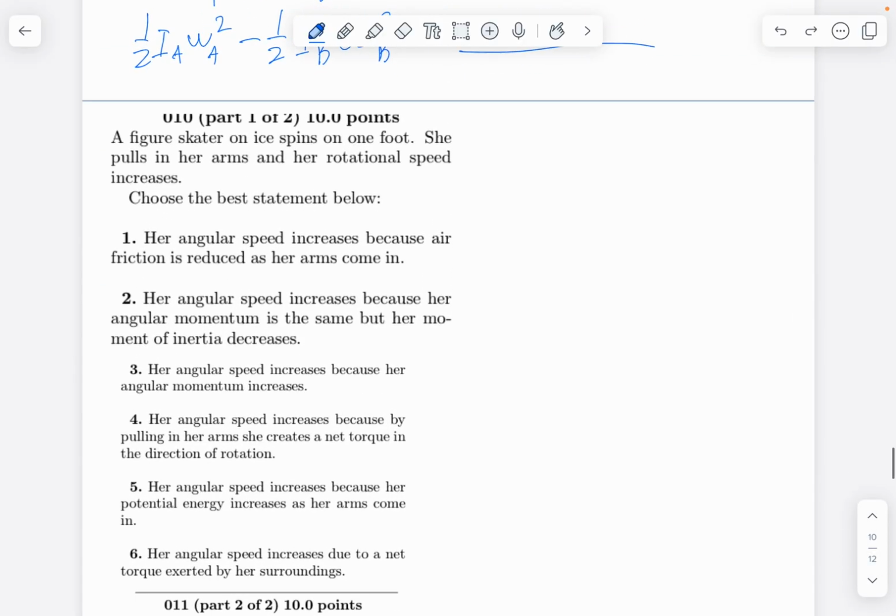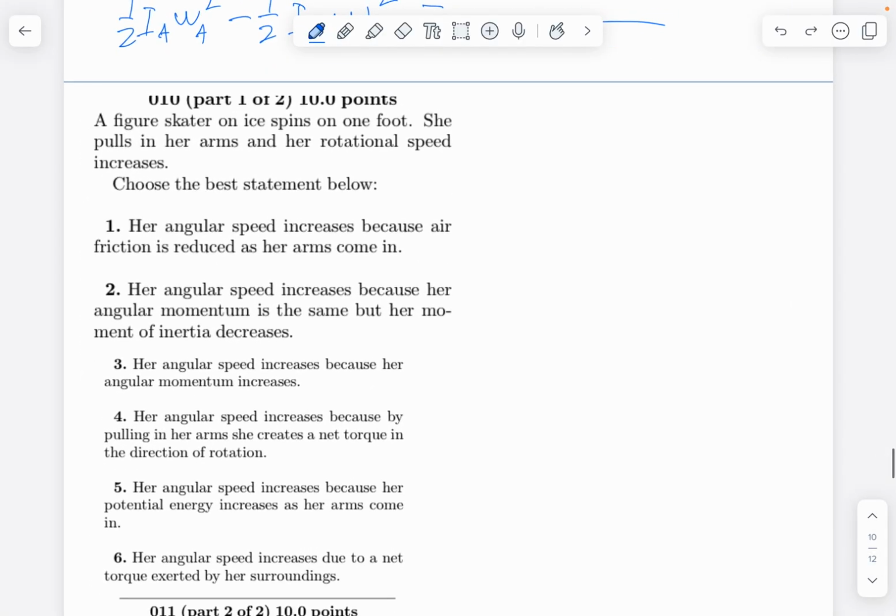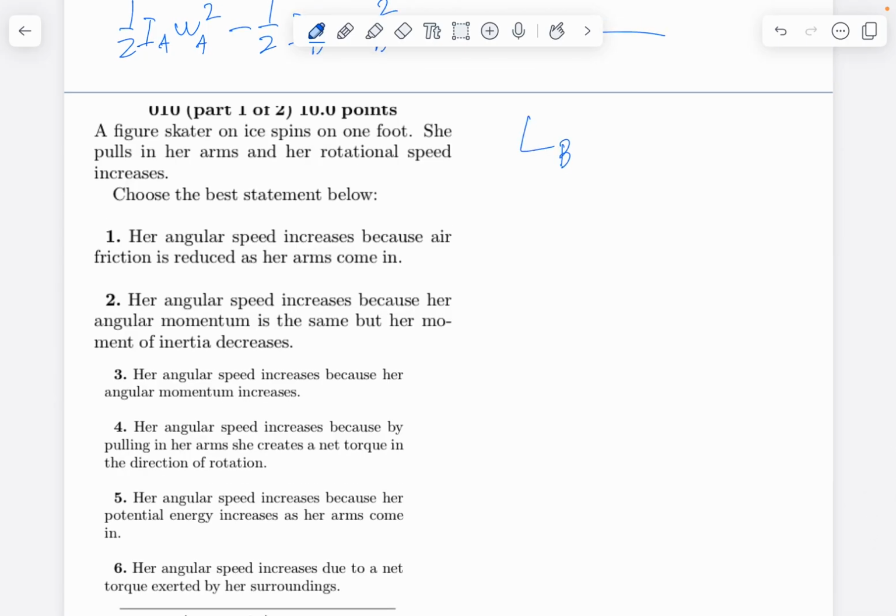Okay, number 10. Hopefully we've done the learning calculus, and you know that L before is equal to L after. So then I omega before equals I omega after. And if she pulls in her arms, that means her moment of inertia goes down, which means to keep angular momentum conserved, her angular velocity has to go up.